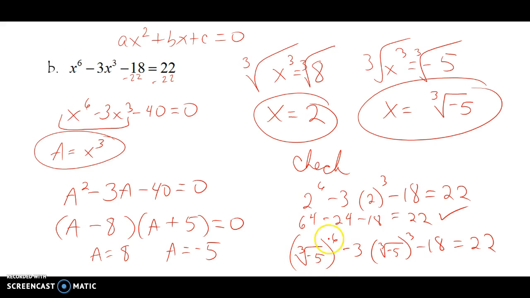So we have negative 5 to the power of 2, which would be 25. The cube and cube root undo each other, so we have negative 5 times negative 3, which would turn into plus 15, and then minus 18. And we check that work: 25 and 15 is 40, minus 18 is 22, and that does check.